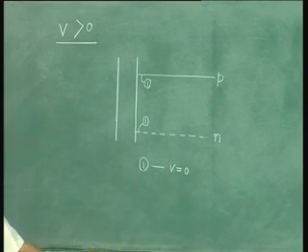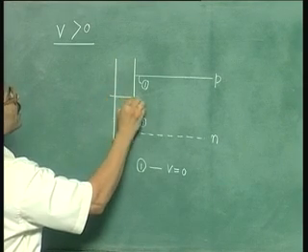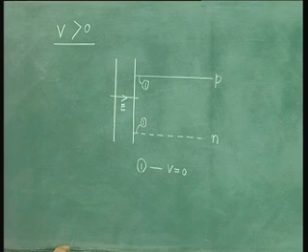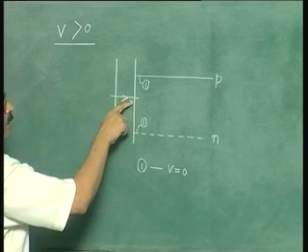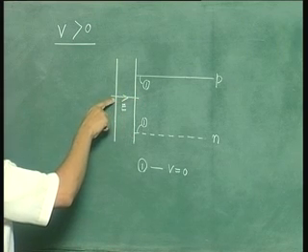Now starting with this, when you apply a voltage to the gate more than 0, you are going to create an electric field in this direction. Now this electric field obviously needs a negative charge here and a positive charge here.